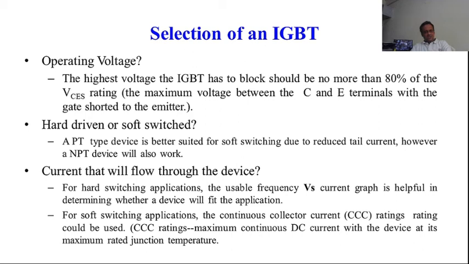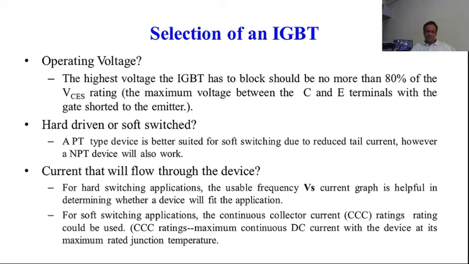And then we take the current part: what current should flow in this circuit in our application, the current that will flow through the device. For hard switching applications, we use the usable frequency versus current graph to determine the device suitable for our application.